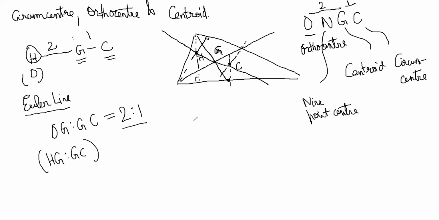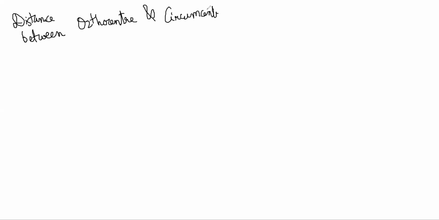Okay, now this is important to know. This result we'll use and we'll get many things. So for example, let's suppose we want to find out the distance between orthocenter and circumcenter of a triangle.